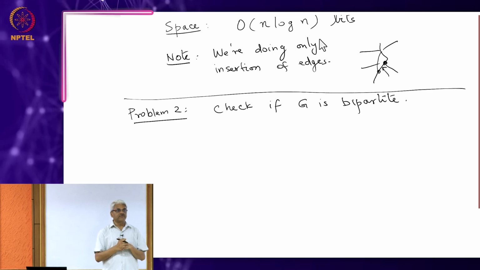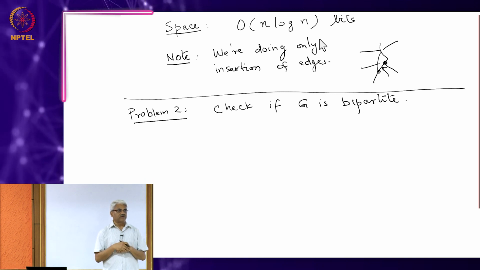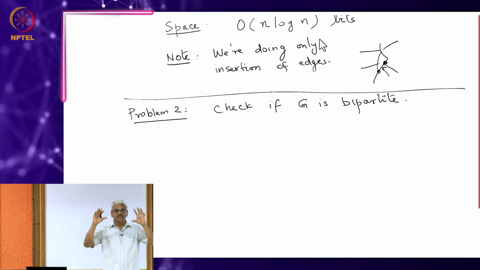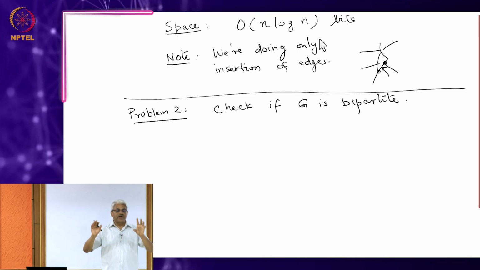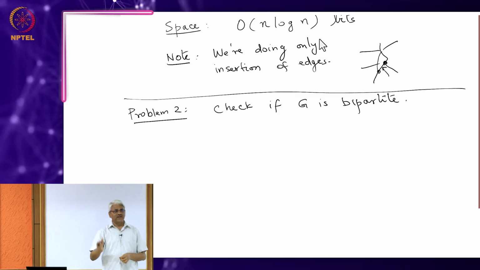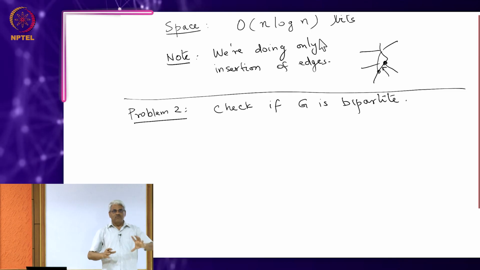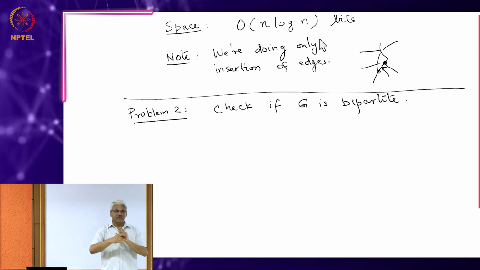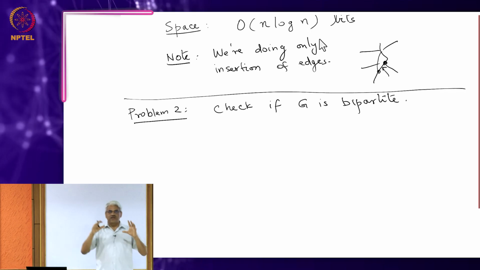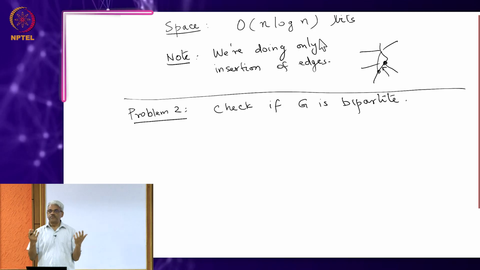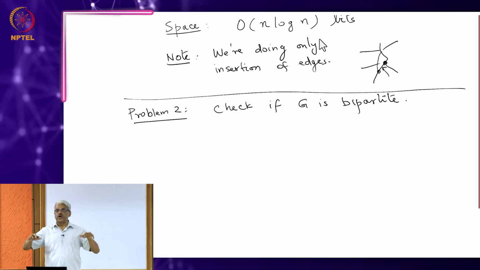How many people have heard of bipartite graphs? Okay. So you can partition the vertex set into two parts such that there are no edges within each part. Bipartite graphs come up in real world applications many times because you're talking about men and women, or machines and jobs, or resumes and jobs. There are all kinds of problems where your graph has a natural two parts where each part has no edge.